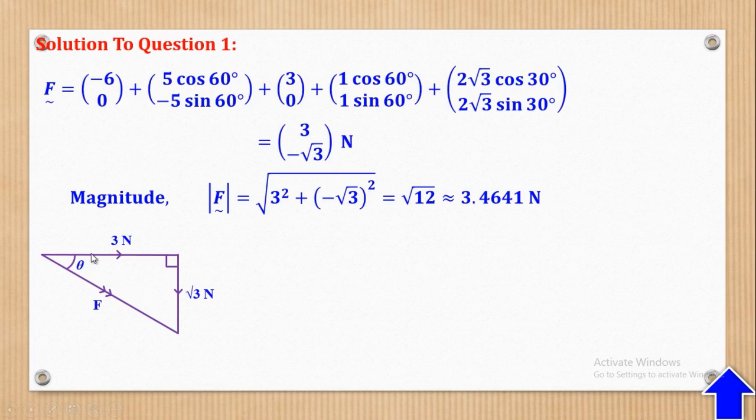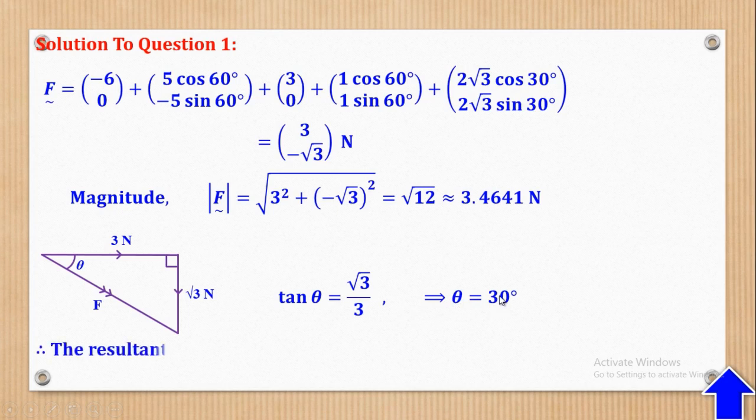The good thing is this is now a right angle triangle with opposite root 3 and adjacent 3. Therefore I can get tan theta being equal to root 3 over 3. When I use the calculator, I come up with theta being equal to 30 degrees.